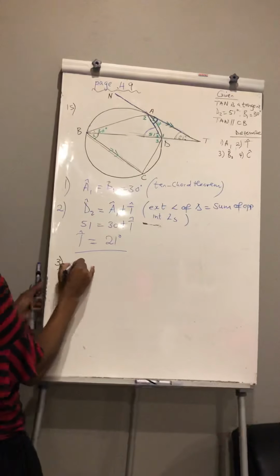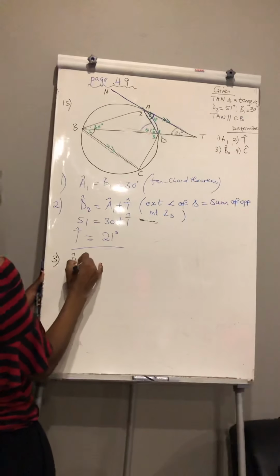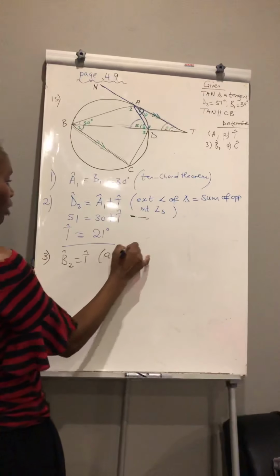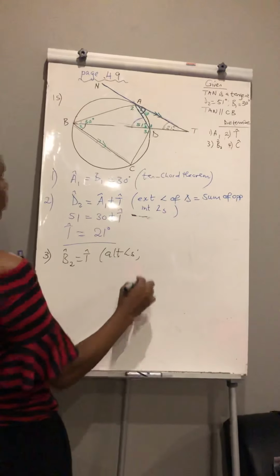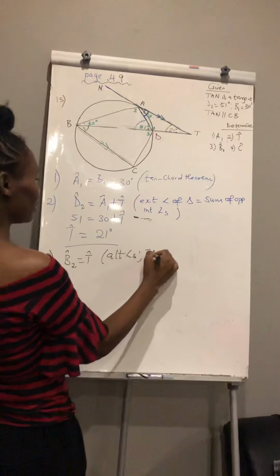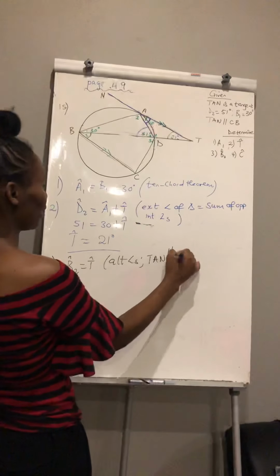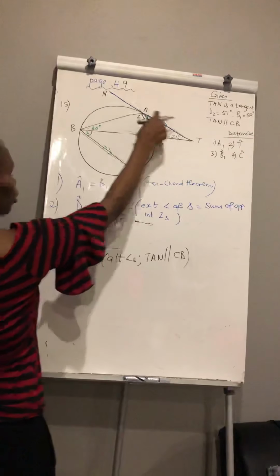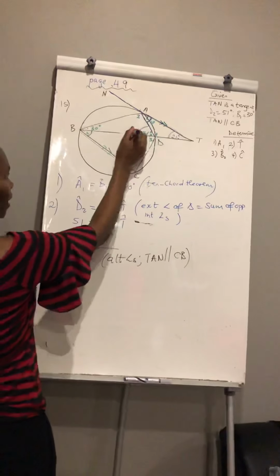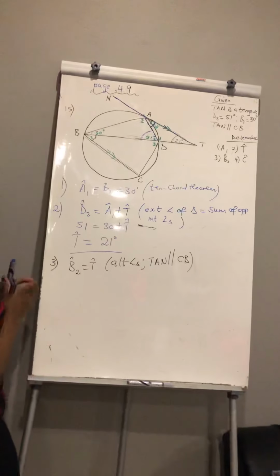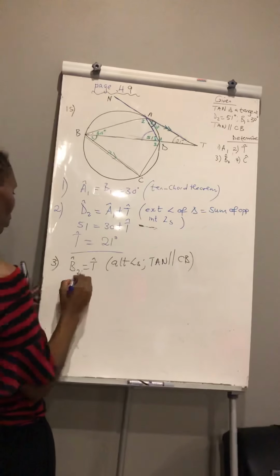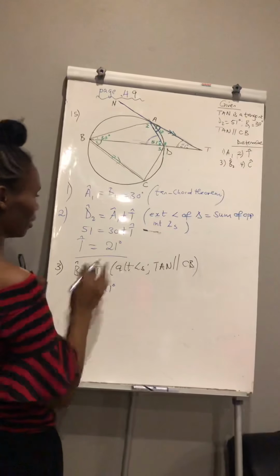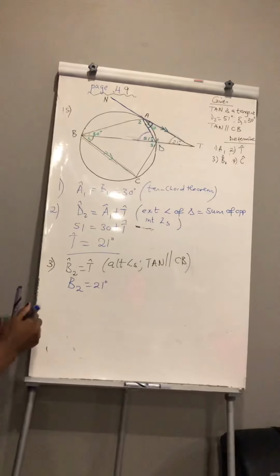So I'm going to write that statement so you can have it. B2 is equal to angle T. These ones are alternating angles. This is because TAN happens to be parallel to CB. We were given that already, so we could use the alternating angles easily. Right, so B2 will then be equal to 21 degrees as well. That's statement, reason, answer.